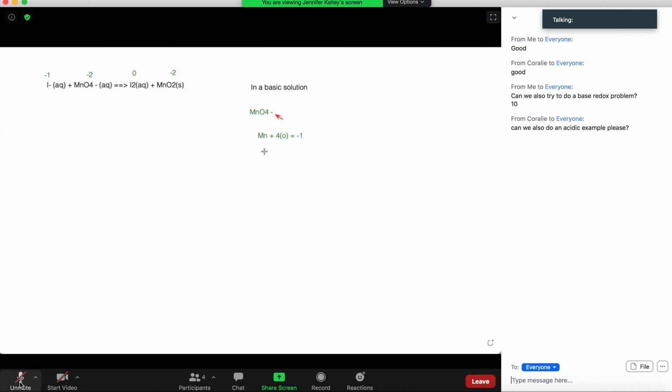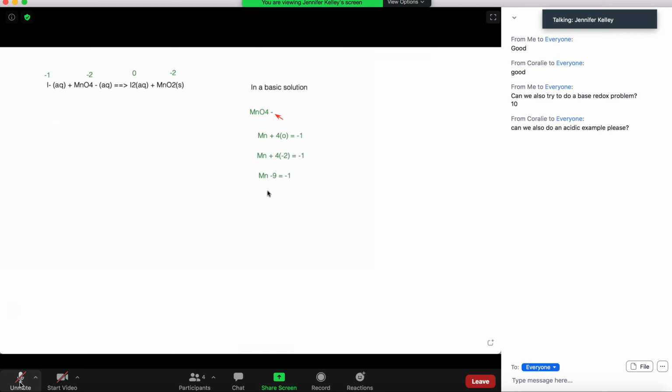So all right. For oxygen, we assigned it a -2, so we've got manganese plus 4 times -2 equals -1. And then we've got manganese -8 equals -1.